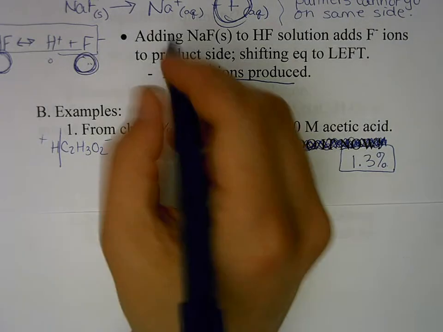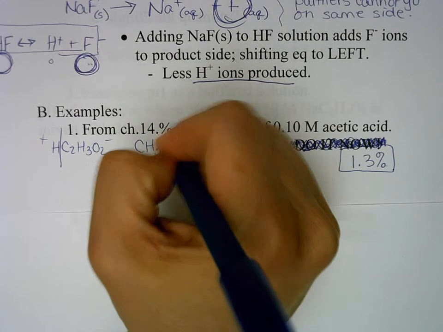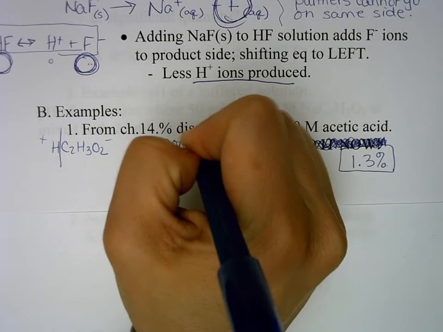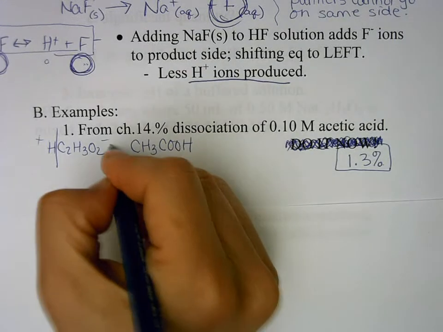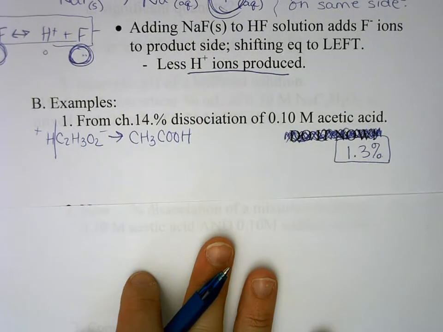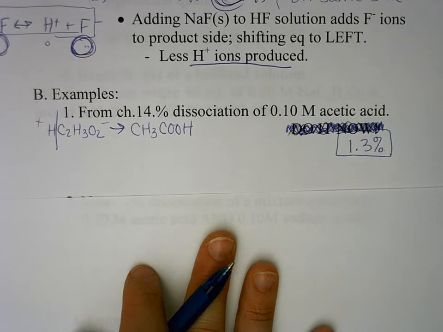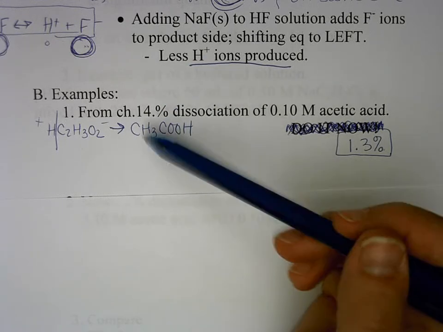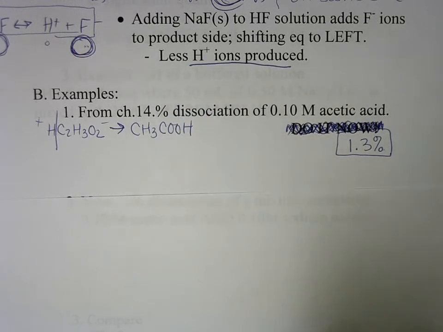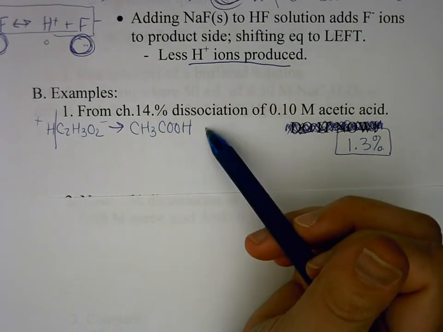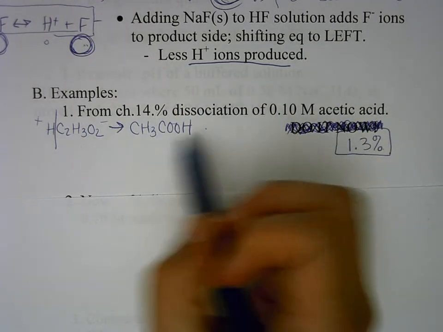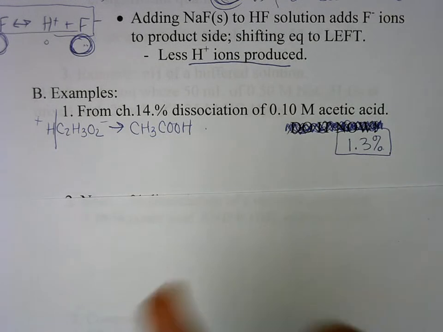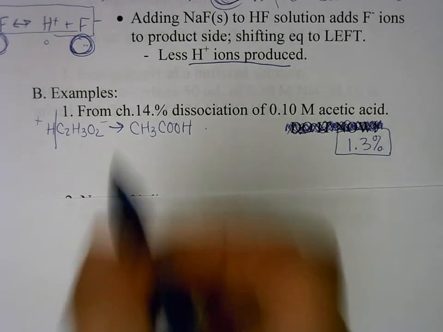You may also see it written like this, CH3COOH. You have to be able to recognize that as the same thing. If you count it up, you've got 4 hydrogens, 2 carbons, and 2 oxygens. The reason they sometimes write it this way is a structural clue as to how the actual molecule looks.